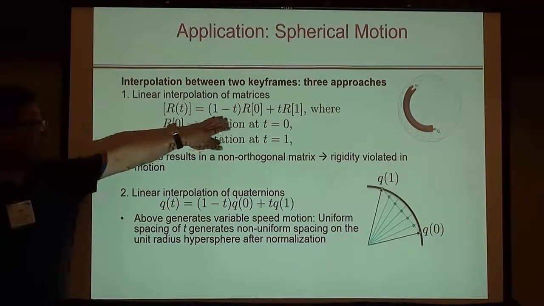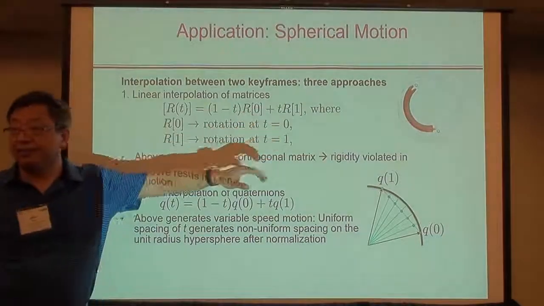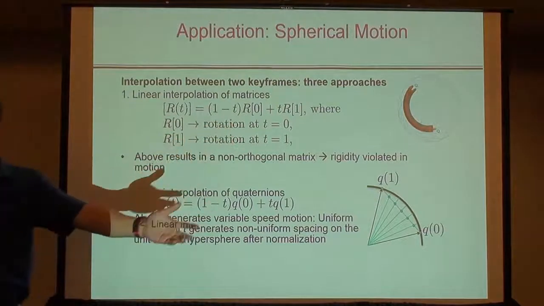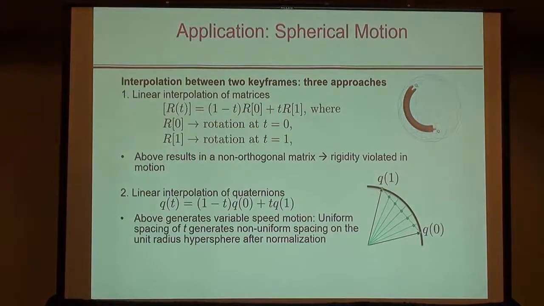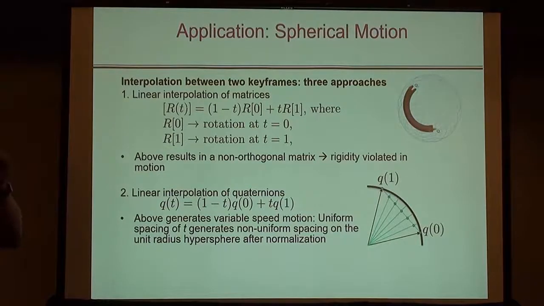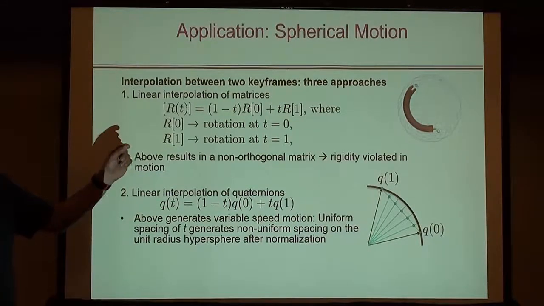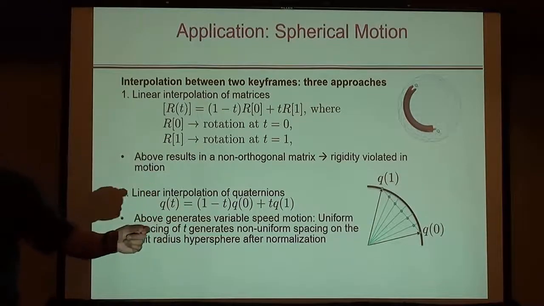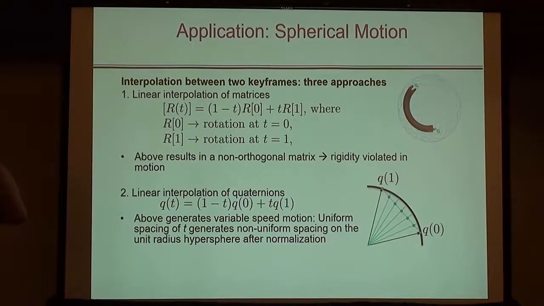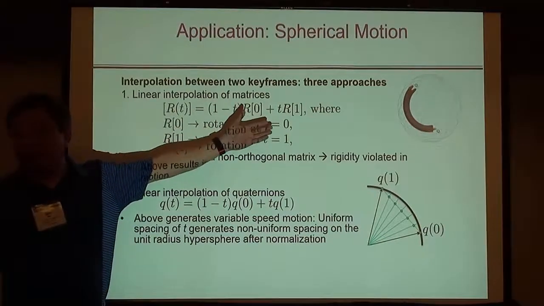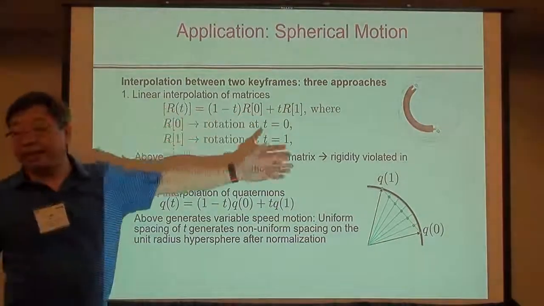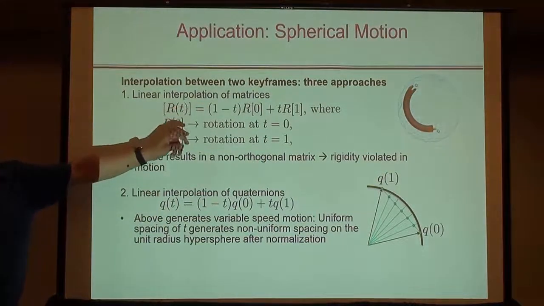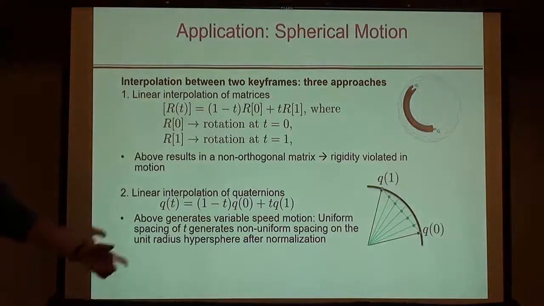You could do it using matrix formulation, and if you just do it blindly, if we have a point A and B, and you want to draw a line between the two, it will be 1 minus t times A plus t times B. If it's a point, it works very, very well. Now, here is a matrix. If you try to do the same thing, you have a problem: the end result is not an orthogonal matrix.